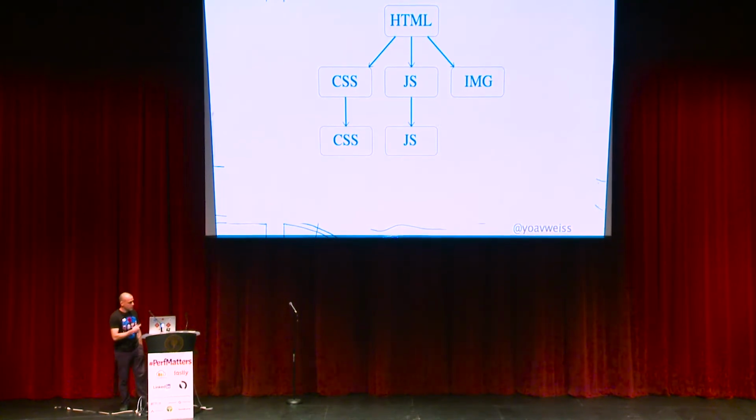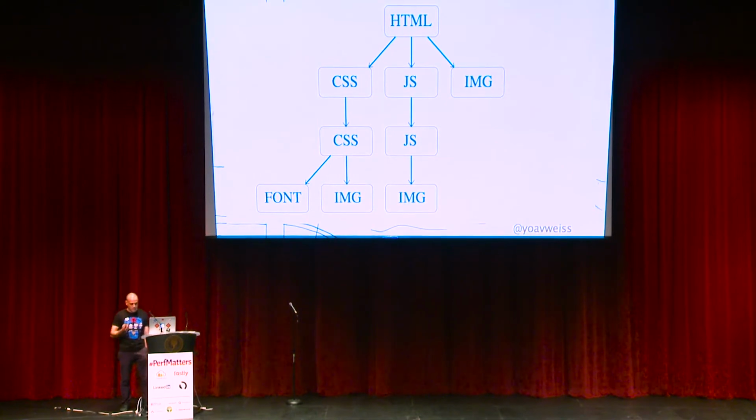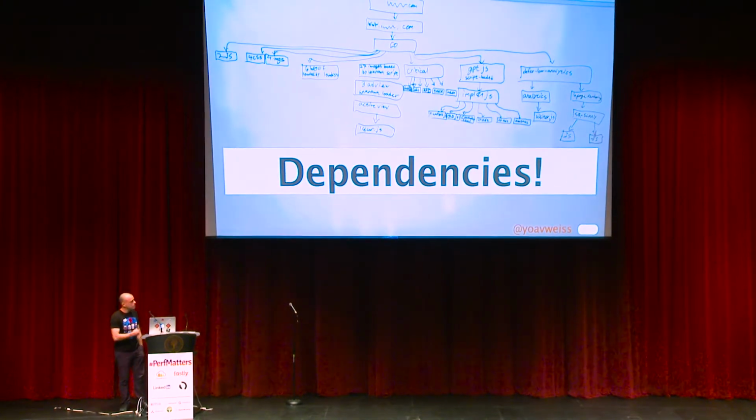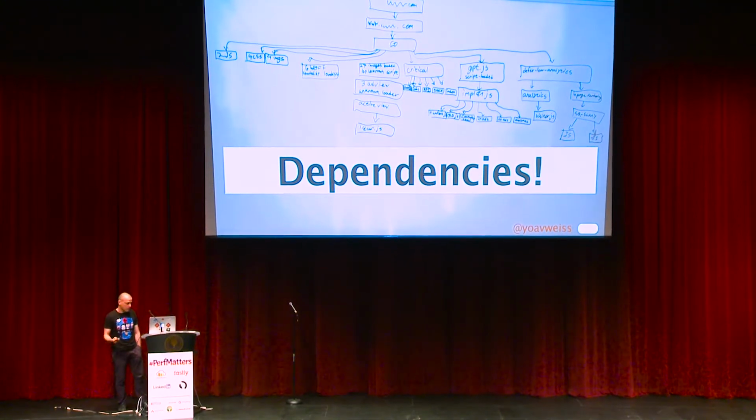The CSS and JavaScript can often bring along more CSS and JavaScript, and then they can load even more resources. The result is large and convoluted dependency trees, where each layer has to wait for all the resources in the layer above it to finish executing before the browser will know about this layer and start downloading it.